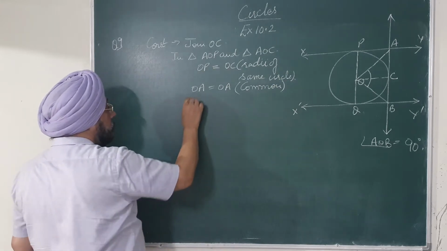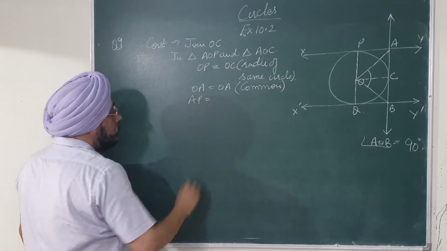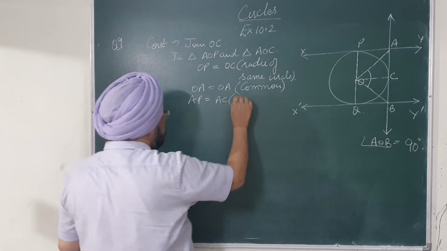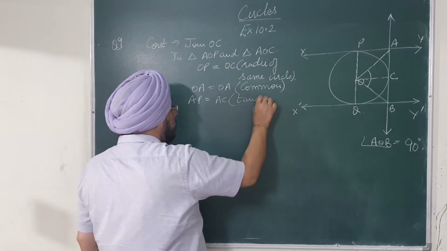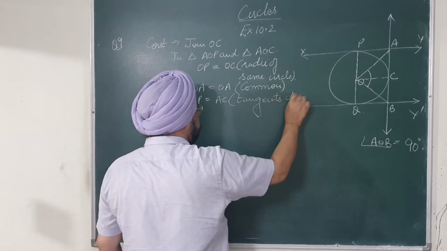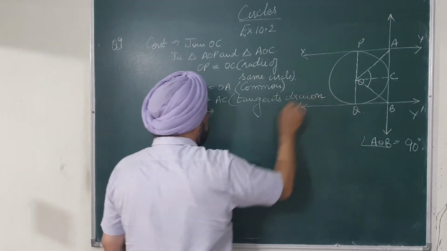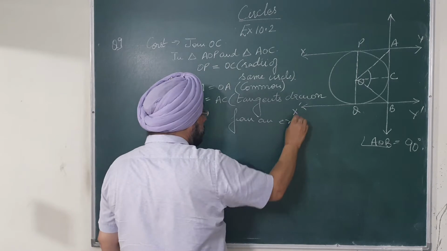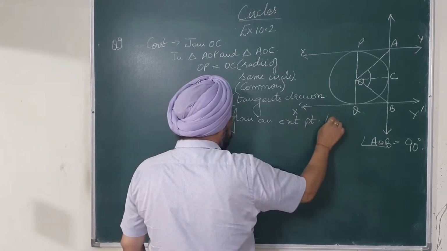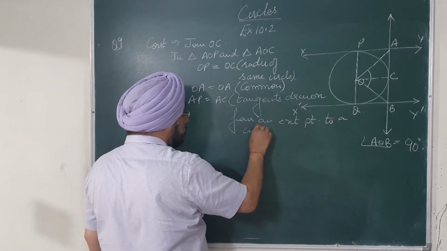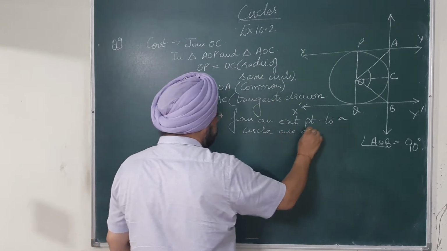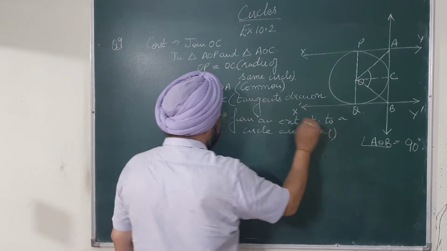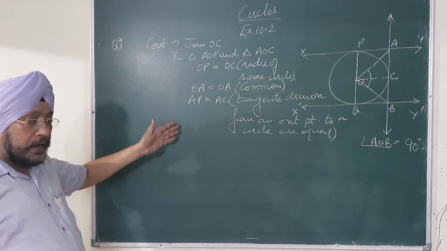And third, AP must be equal to AC, these are the tangents drawn from an external point to a circle, which are equal. So we get the three conditions.